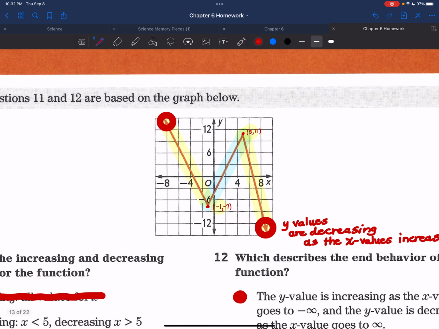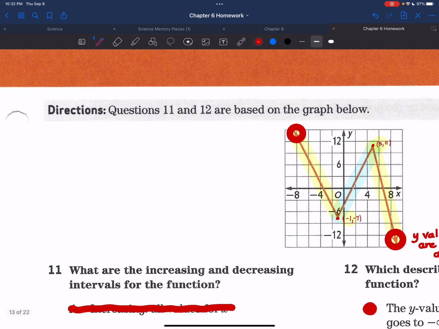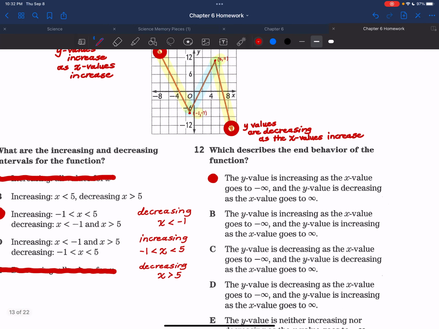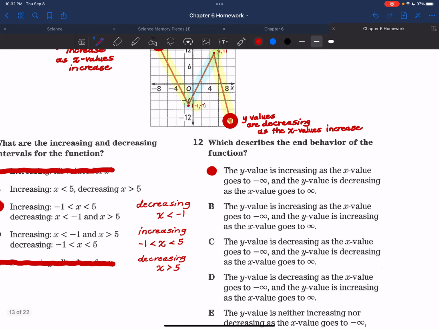And then on this side, the y's are climbing, but the x's are falling farther below 0. So fix it in your mind first, and then pick the one that matches. And that would be A, I believe, but let me check. Yes, number 12 is A.